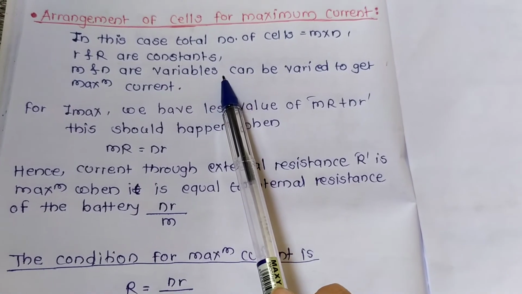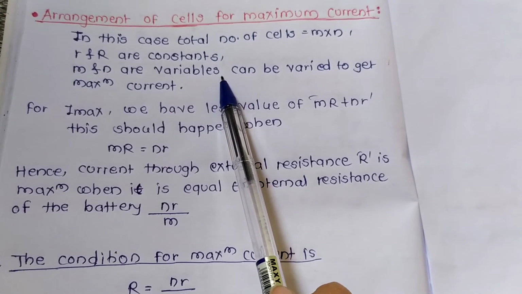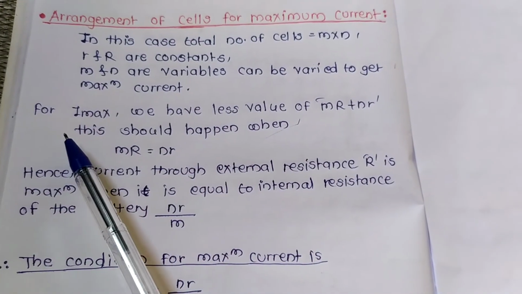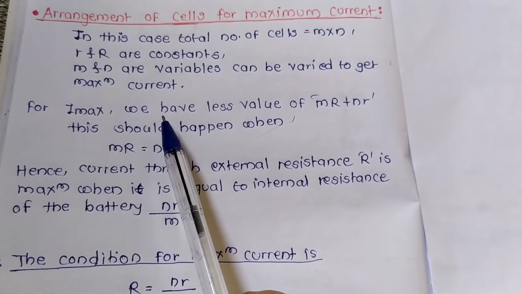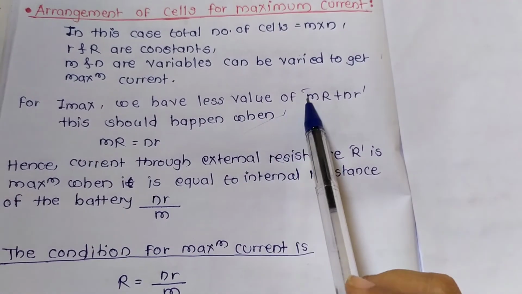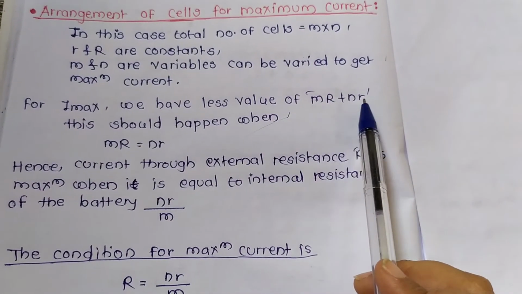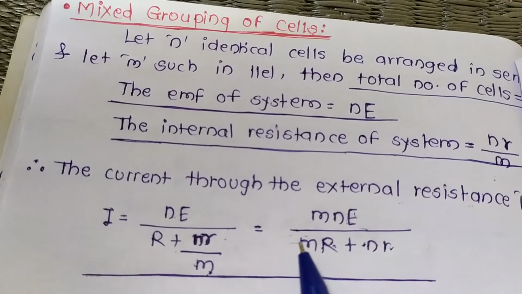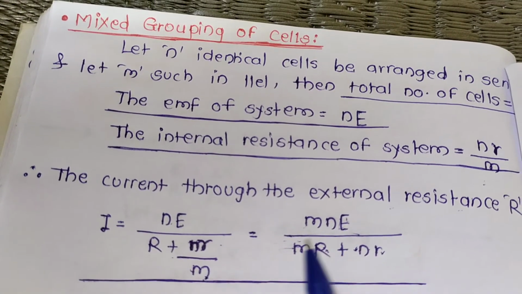We have to calculate it, or decide it through the formula. For I max, we need the least value of m R plus n r. Why? See the formula for mixed grouping of cells.